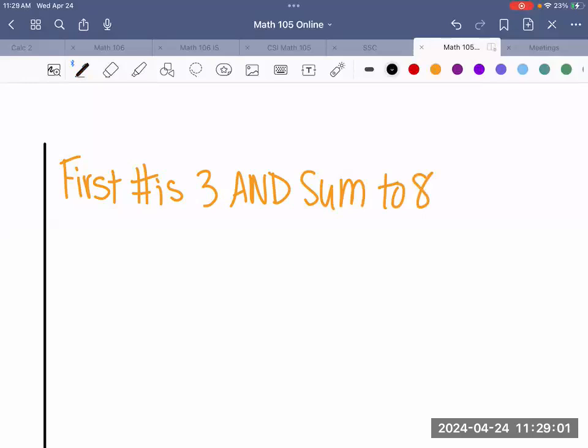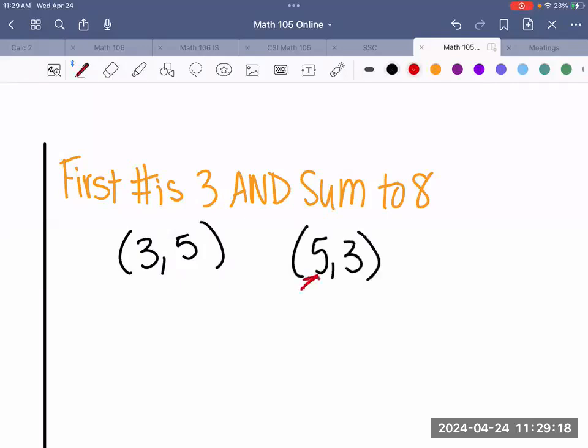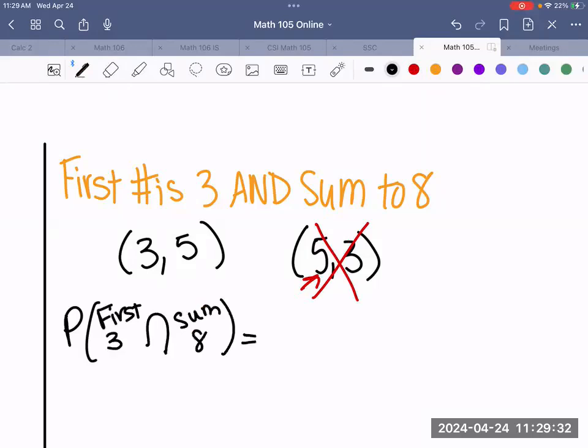Well, they sum to 8 with a 3 and a 5, and so this is one way. Another way, a 5 and a 3, still comes up with an 8, but notice the first number rolled needs to be a 3, so this does not get included. So the probability that the first number is 3 and the sum is 8 is 1 out of 36.